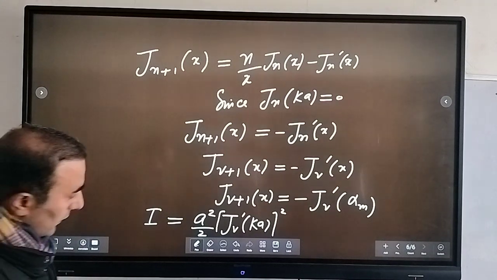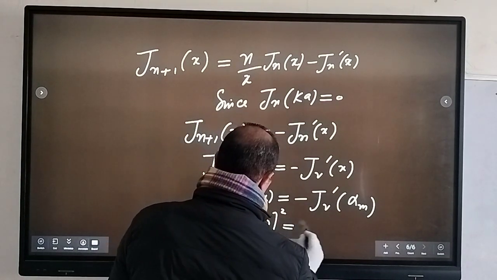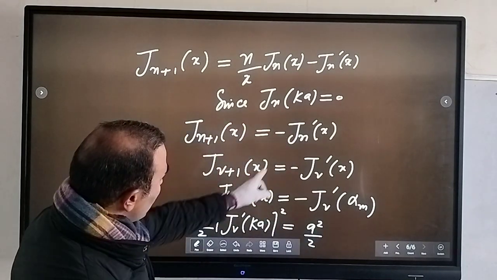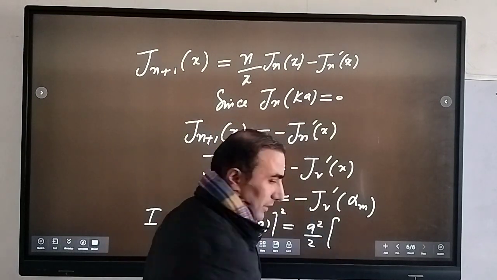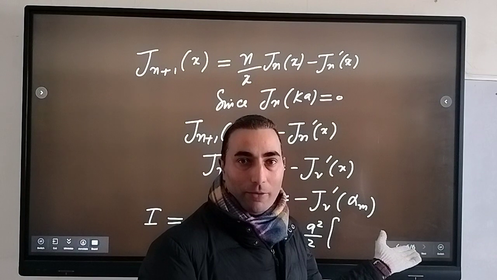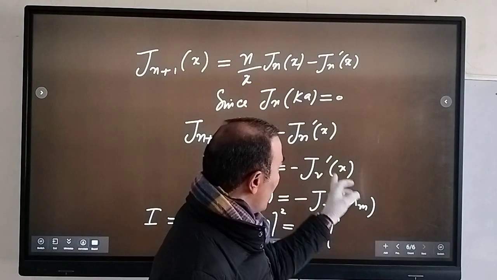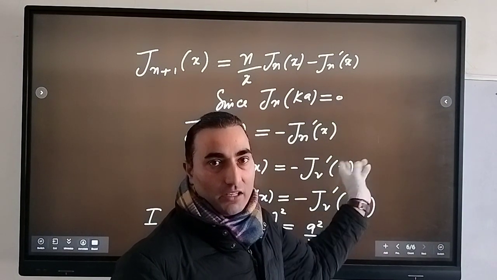Or you can write this as k square by 2, and Jv dash of k is equal to minus something. This is the solution, but it is in the derivative. So better is to write it in some normal form. That's why I use this recurrence relation, in order to convert the first derivative J dash in terms of J.